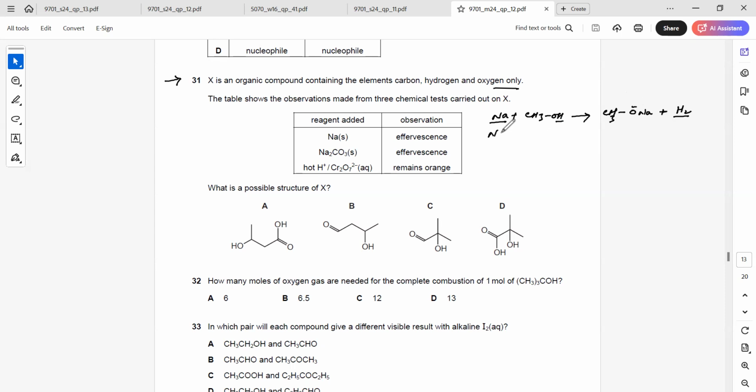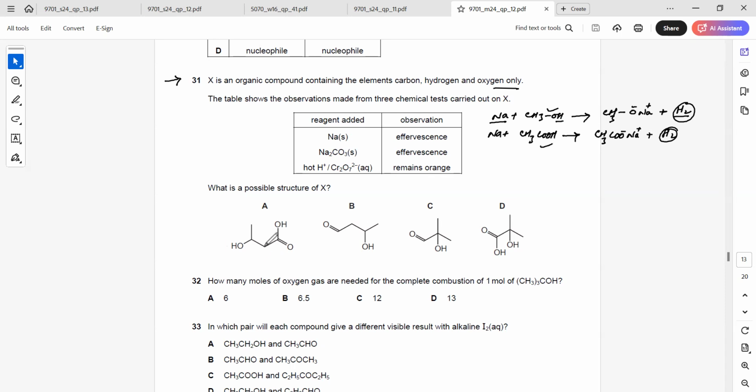And sodium is also very reactive that it can react with alkanoic acids and it can produce alkanoate ions, right? And hydrogen gas will be produced. So effervescence will be seen if sodium comes in contact with an alcohol or carboxylic acids.